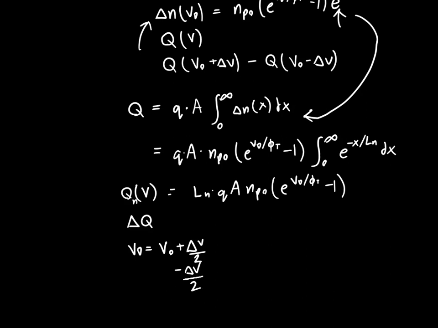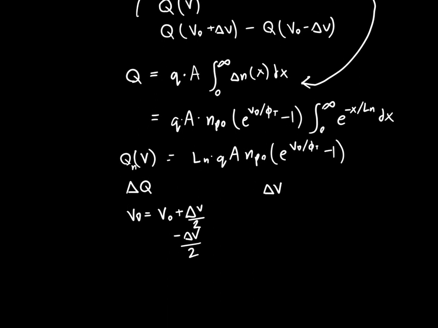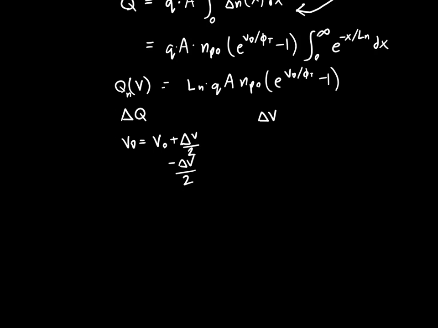And over 2 is just so that when we subtract everything, it's nice and symmetrical, and we get a total delta V just of amplitude delta V instead of 2 delta V. So if we just plug this in, let's plug in V naught plus delta V over 2 and V naught minus delta V over 2. You'll get this whole equation that delta Q is just equal to the same expression, Q ln, so all the constants aren't going to change, A times NP naught.